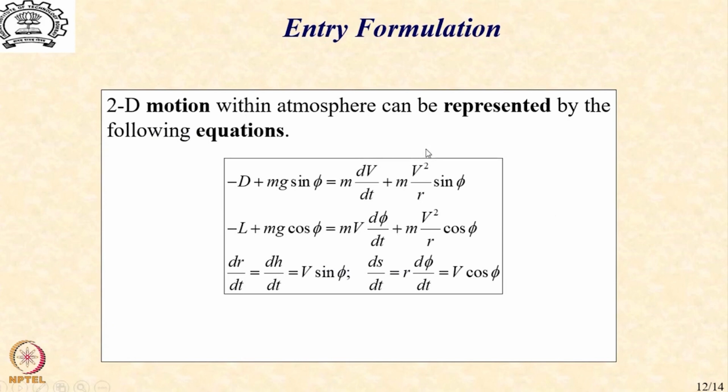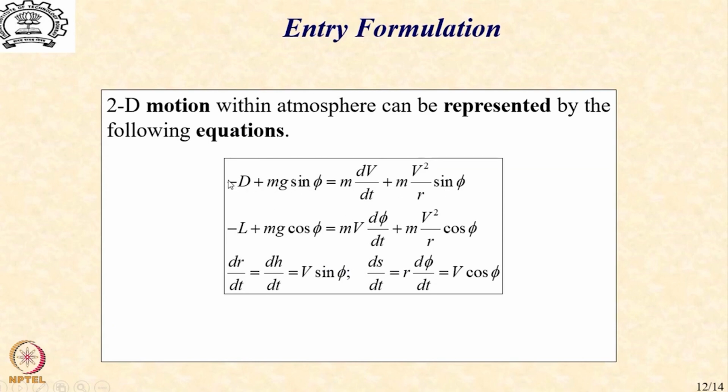Here it is worth noting that for small velocities, if v is small, then v square by r is a small term and perhaps can be ignored, as has been done in the context of ascent mission. But in this case, even though r is of the similar order, the v is very large, so this term also is reasonable and needs to be included in the trajectory model.